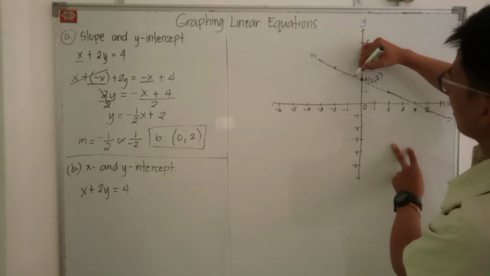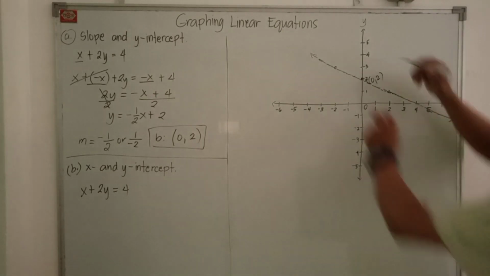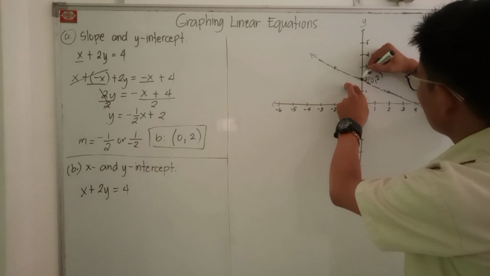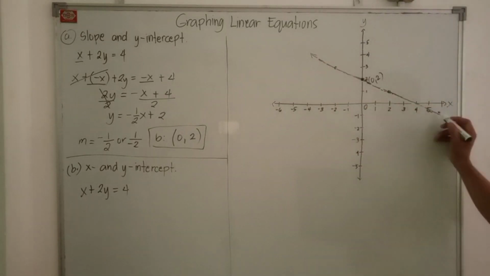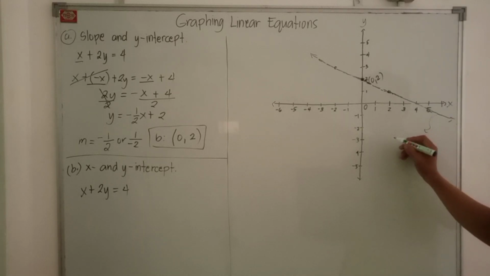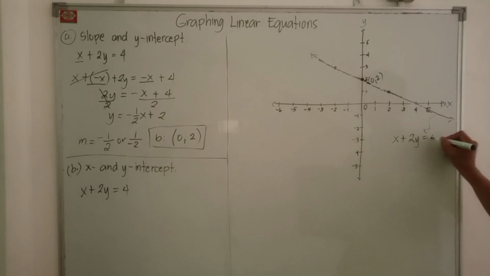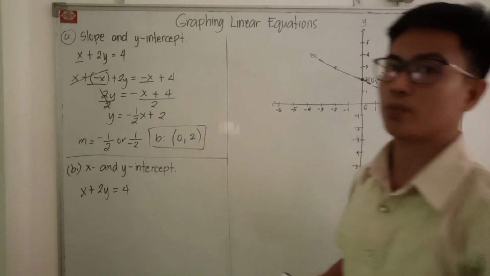And, that is the graph. So, hindi siya tumama. Tama natin. So, yan po yung ating naging itsura ng graph. So, this is the graph of x plus 2y equals 4. So, this is by the use of the slope and intercept.